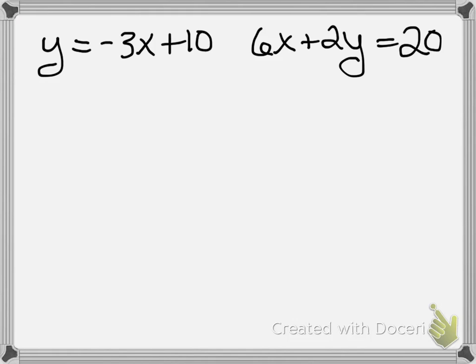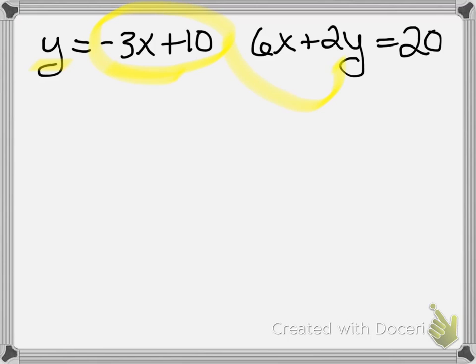Our first step is to ask, do I have an equation that is solved for a variable? In my case, again, y is solved for, and it's equal to negative 3x plus 10. This expression we're going to substitute in for y in the second equation, because that is the variable I solved for.